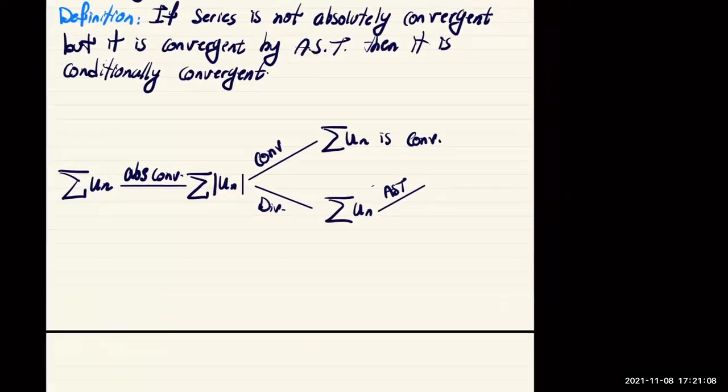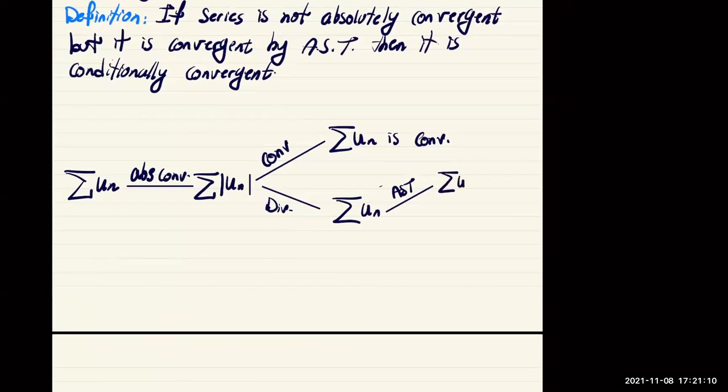It could tell you that the series is convergent. If this happens, then we have conditional convergence. And if AST says divergent, then it's divergent. It's done.